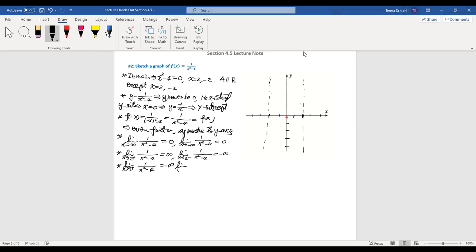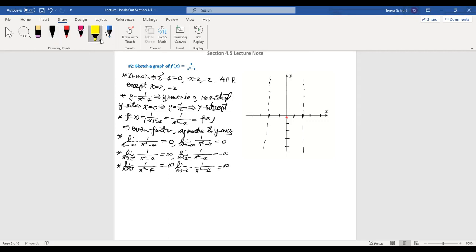Then for x approaching negative 2 from the left-hand side, when you square it, it will always be a little bit more than 4, so this will give you positive infinity. So that's the negative 2 here.